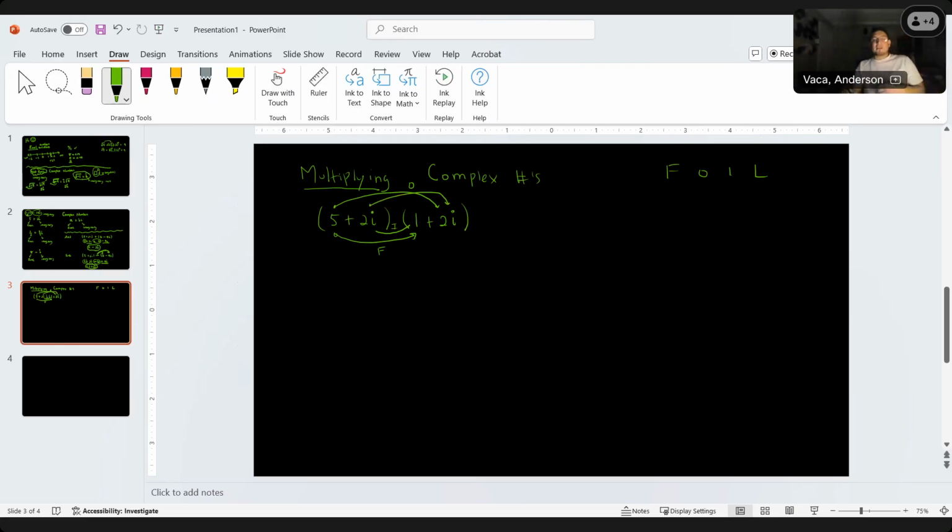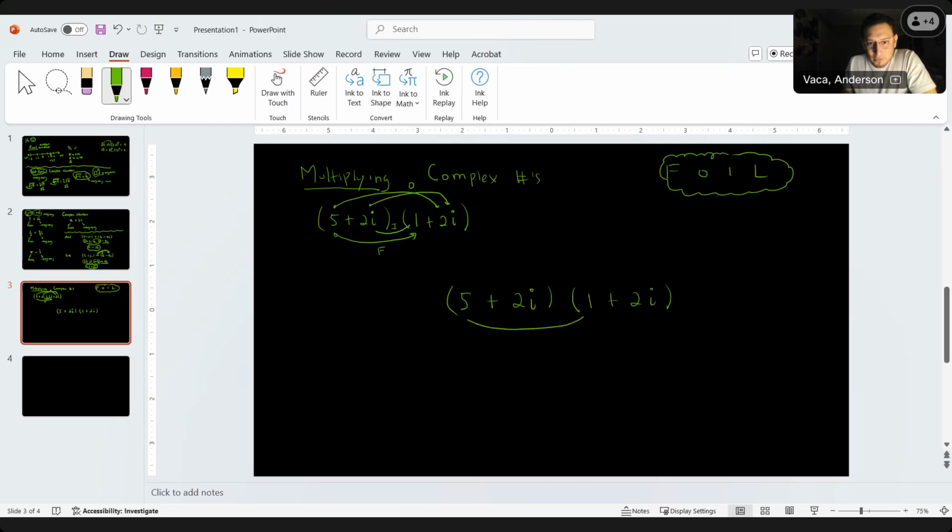Okay, let me try to see if I can do that better. I am multiplying 5 plus 2i times 1 plus 2i, and I'm using the foiling method for multiplication. 5 times 1 will be the first terms, because they're the first term here, and this is also the first term here.